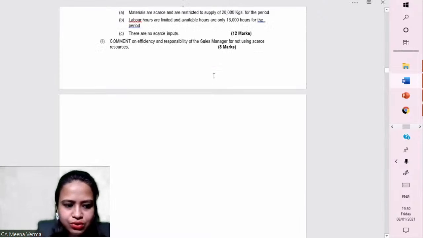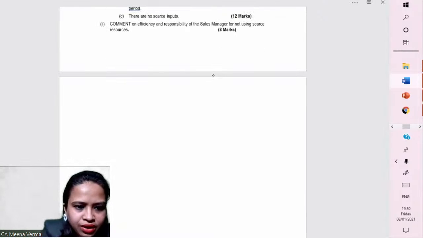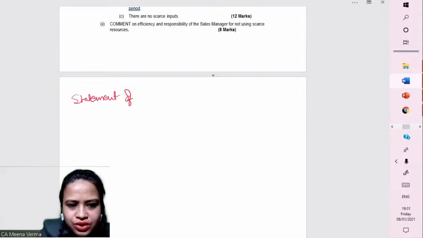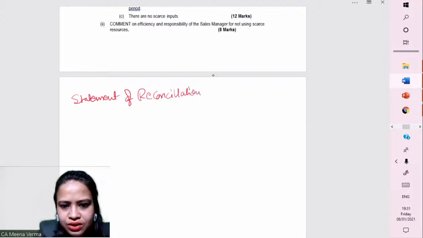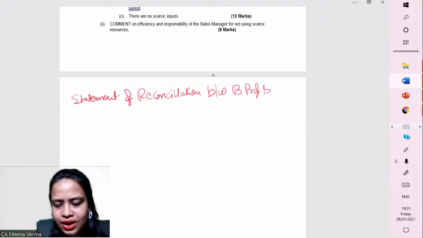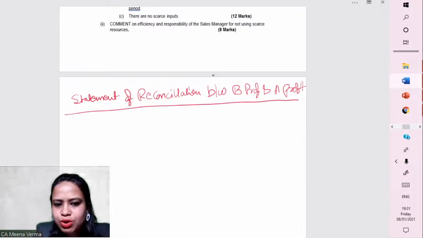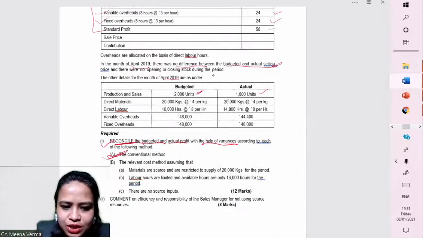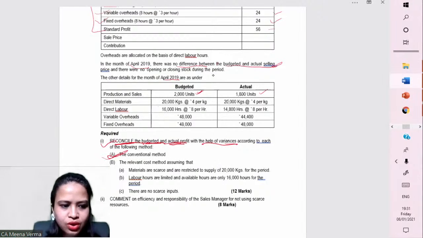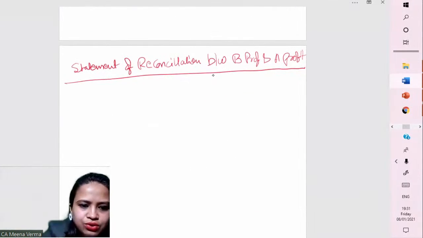You have to prepare a reconciliation statement between budgeted profit and actual profit. This is what they have asked you to do.